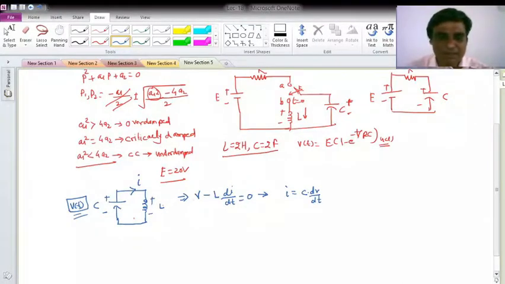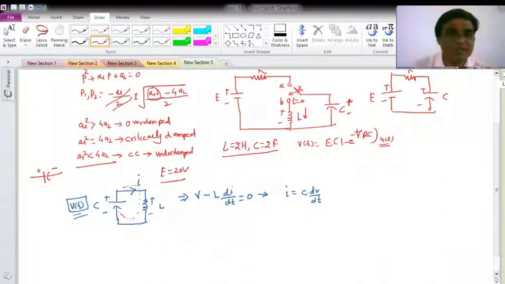While I am writing this, let me check the direction of current which I have assumed. I have observed here that I have assumed the direction in this way. So the current is coming into the negative terminal and going away from the positive terminal. It means the current is opposing. So what was our assumed polarity?